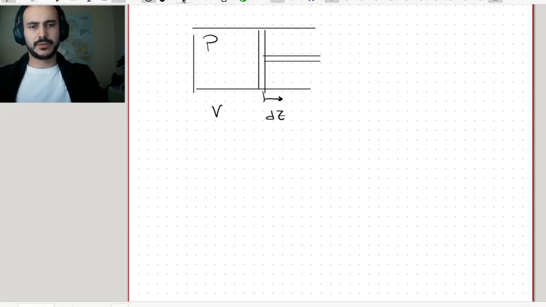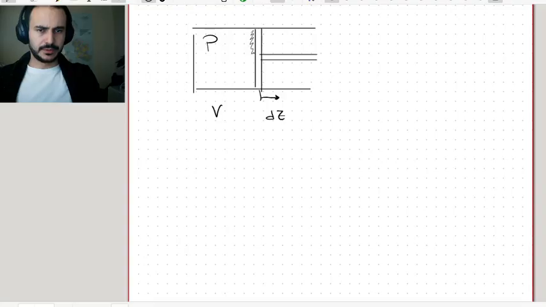Okay, so if this happens, then what is the force that the gas is exerting on the piston? Well, it's just the area of the piston, which I don't know, times the pressure. So that is the force being exerted on the piston, right?